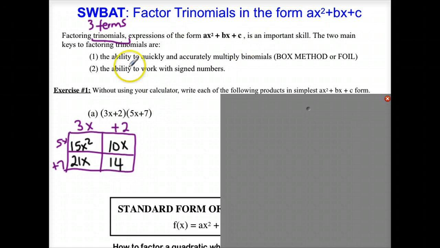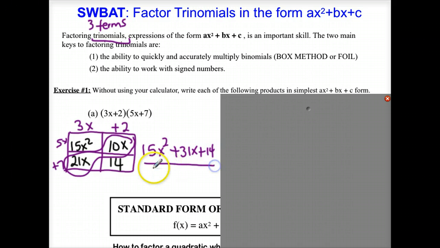So now that I have this, I need to combine my like terms, my x's here, and then I'm going to have 15x squared, 10x plus 21x is 31x plus 14, and that's my final answer.